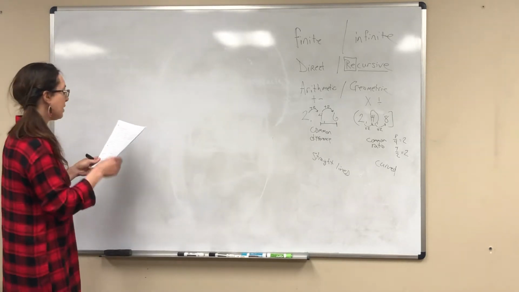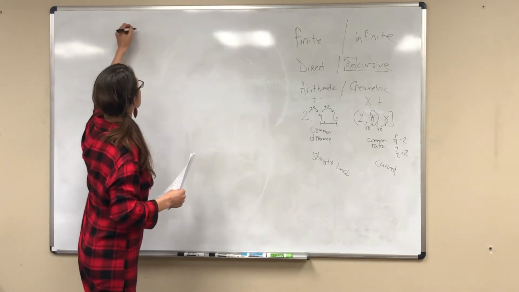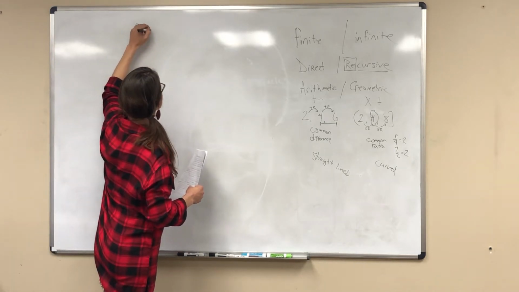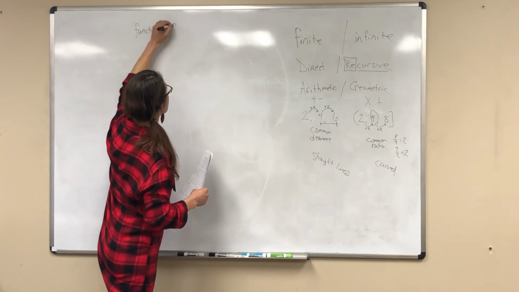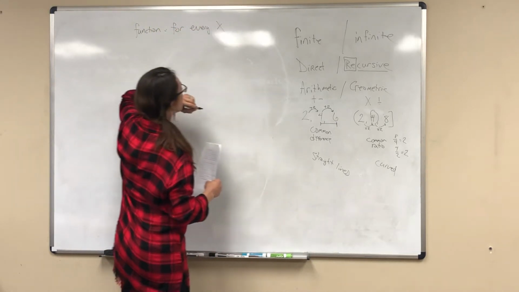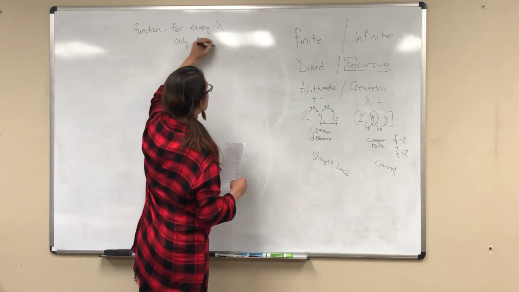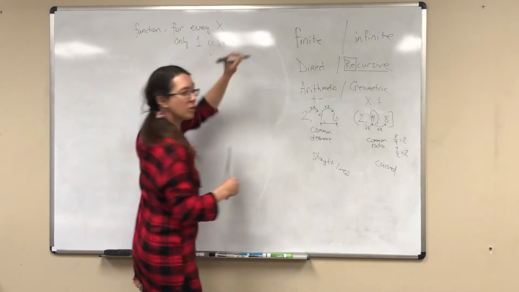Now, the reason that we work that is because what is the rule of a function? What is the definition? A function means that for every x value, we have only one y value, correct?